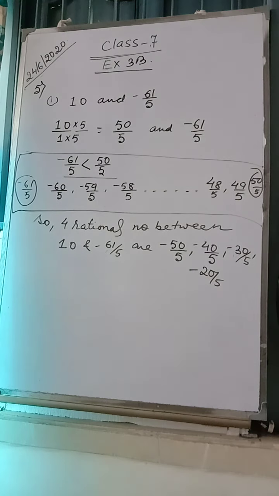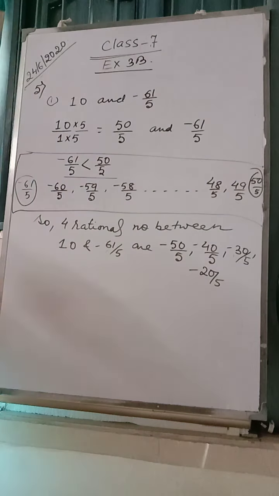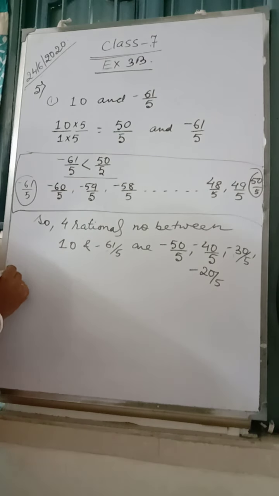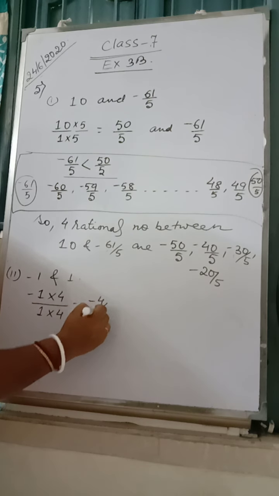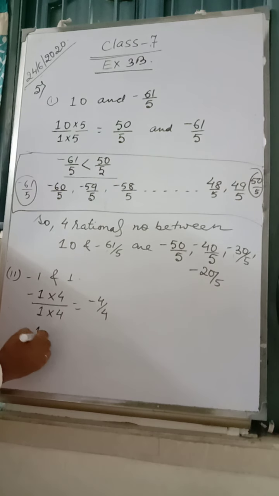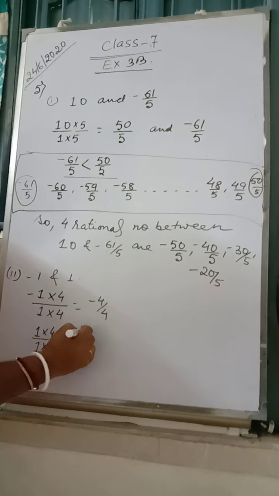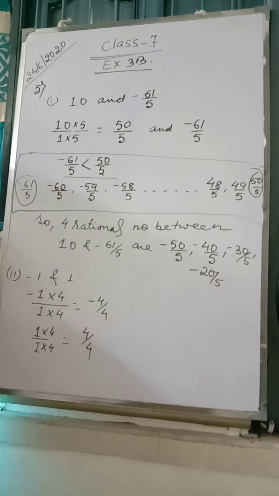Next we have minus 1 and 1. Now see number 2. Minus 1 and 1. So this minus 1, I can write as minus 4 by 4, and 1 I can write as 4 by 4.